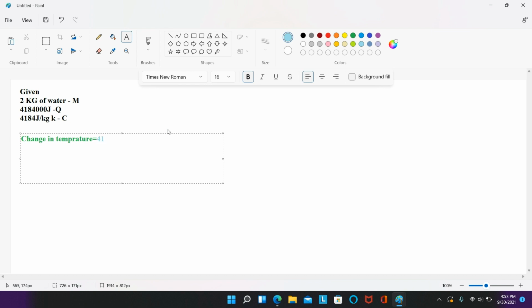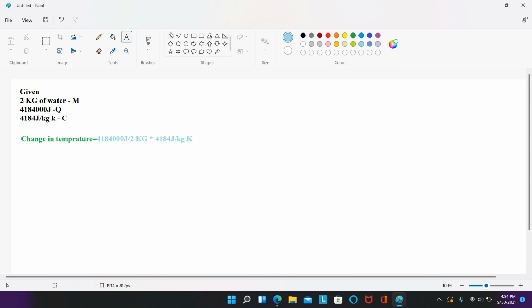So in this case, it would be 4184123 joules, divided by M times C, which is 2 kg times 4184 joules over kilograms Kelvin. Now let's do the unit cancellation.